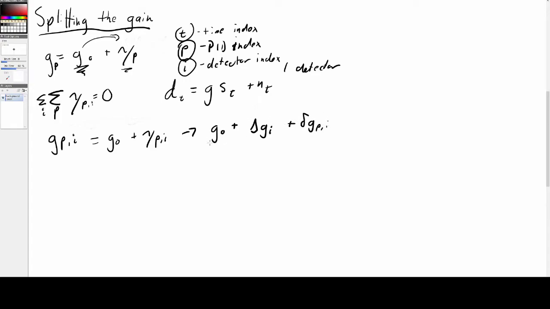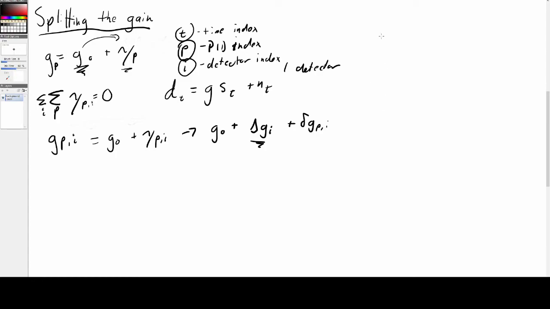So what we're saying here is that the gamma is split into, once again, a semi-absolute calibration term, which is not allowed to vary between PIDs, but can vary between detectors.